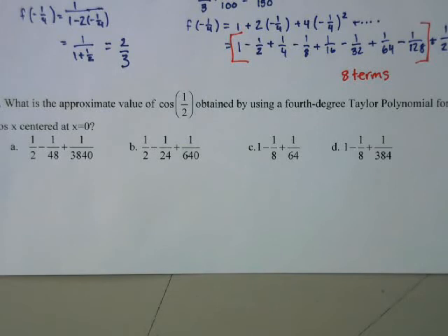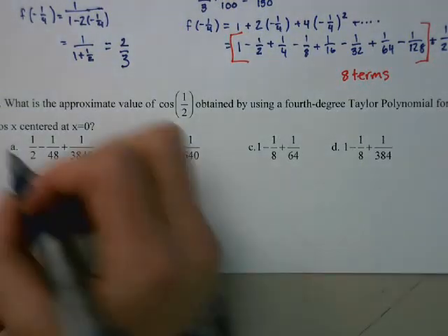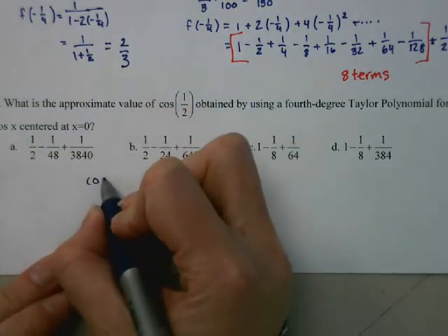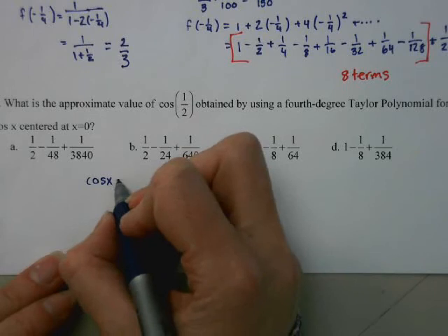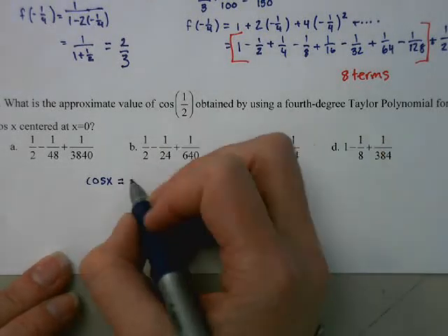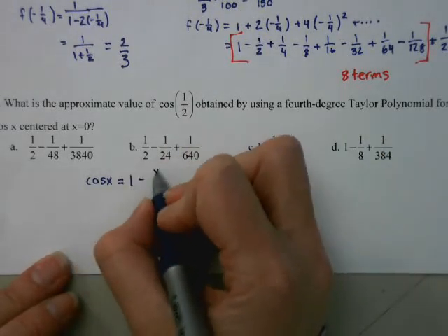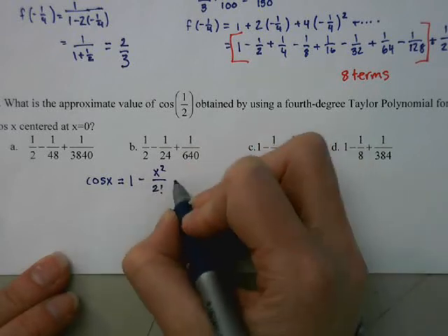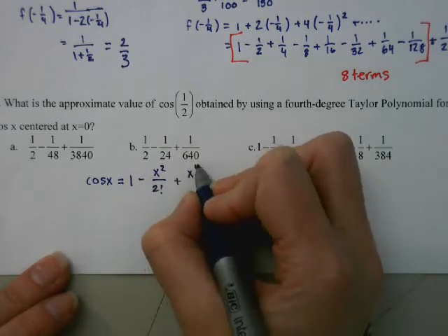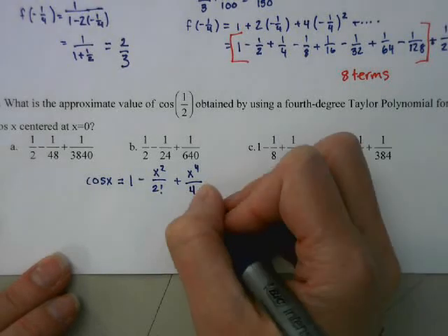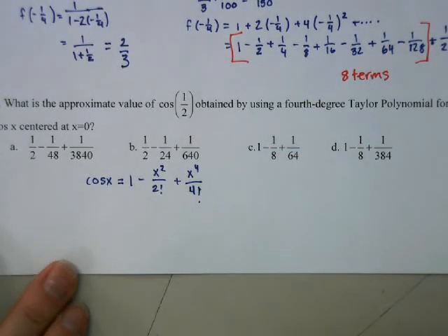Okay, and what is the approximate value of cosine 1/2 obtained by using the 4th degree Taylor polynomial series for cosine of x centered at 0? Cosine of x is our evens, so 1 minus x squared over 2 factorial plus x to the 4th over 4 factorial. So we're evaluating this at 1/2.